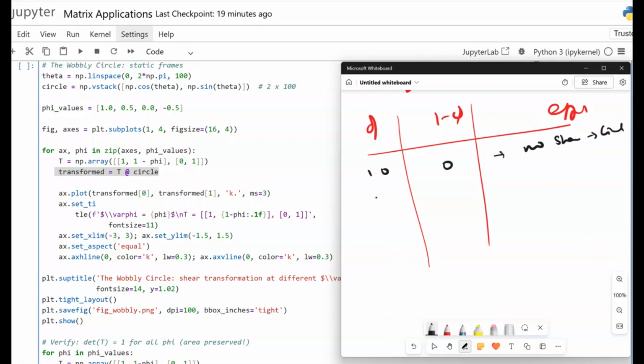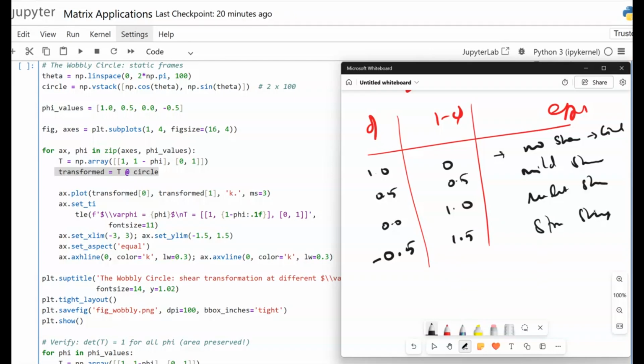And if pi has a value of 0.5 and 1 minus pi also has the value of 0.5, a mild shear transformation occurs. And kindly observe, if pi is 0 and 1 minus pi is 1, a moderate shear would be applied. And finally, it is minus 0.5 and here it is 1.5 under 1 minus pi, and a strong shear transformation would appear.